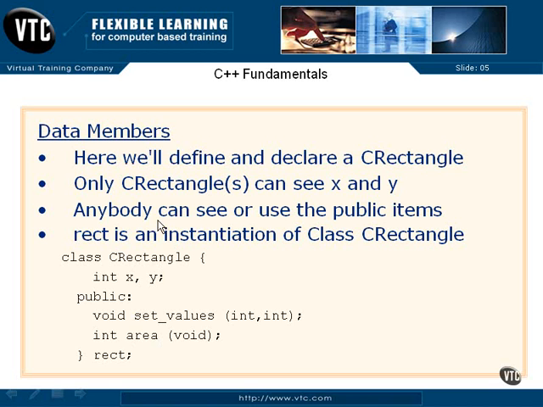Now, again, anybody that can get to rect can see this set values and area method. They can use it out of this rectangle. And rect is an instantiation of a class called CRectangle. See, it's not too difficult, huh? Well, let's keep right on going and look at some more of this in our C++ Fundamentals video series.